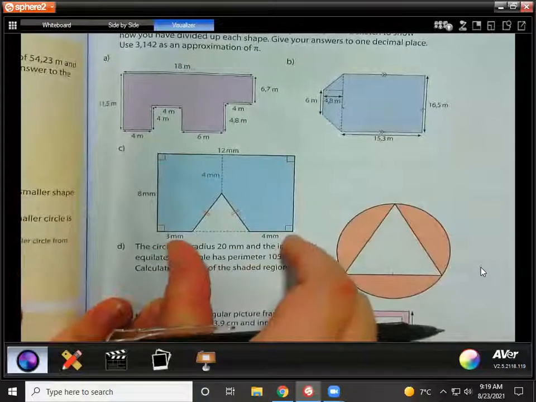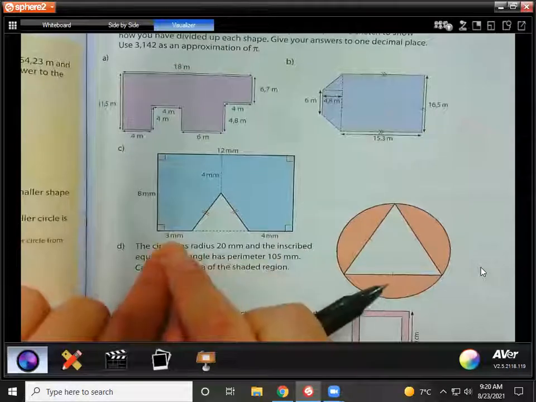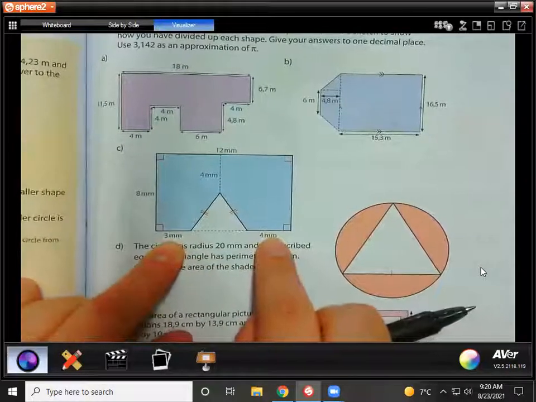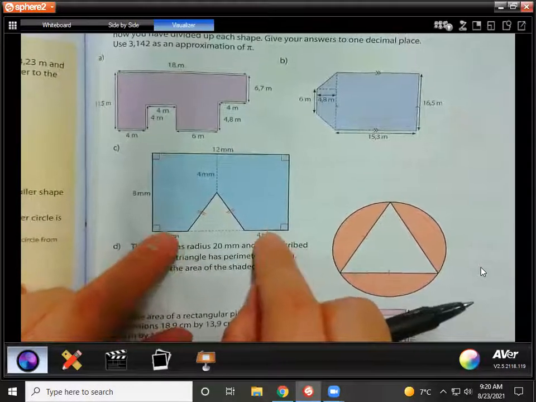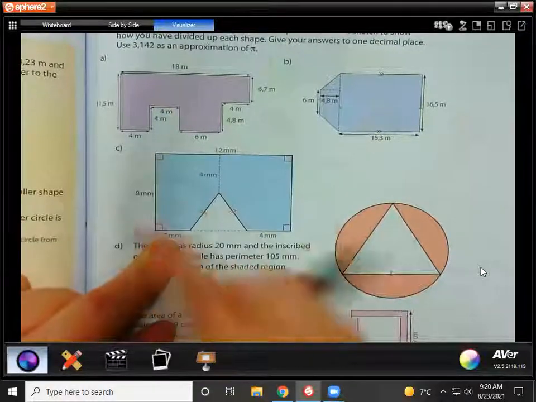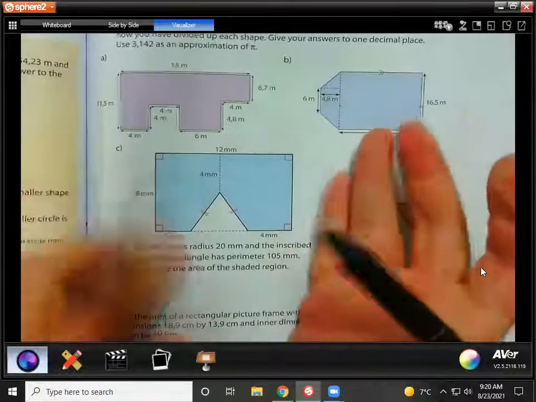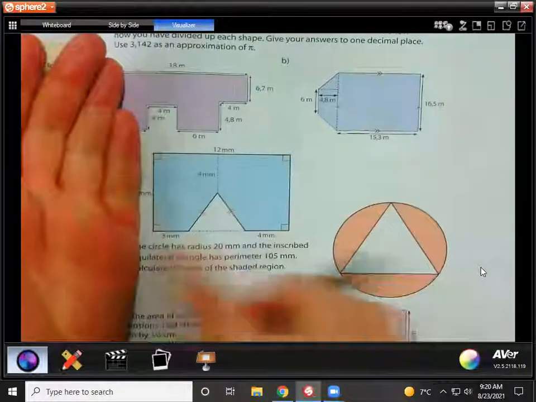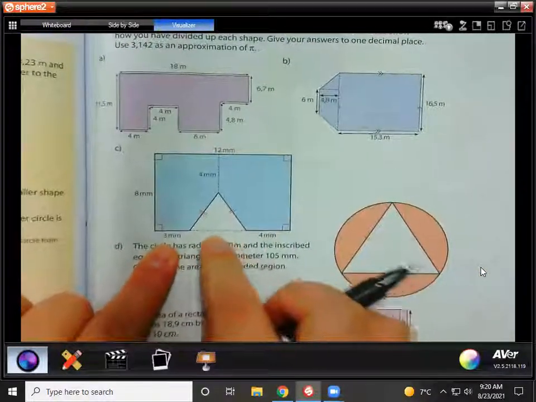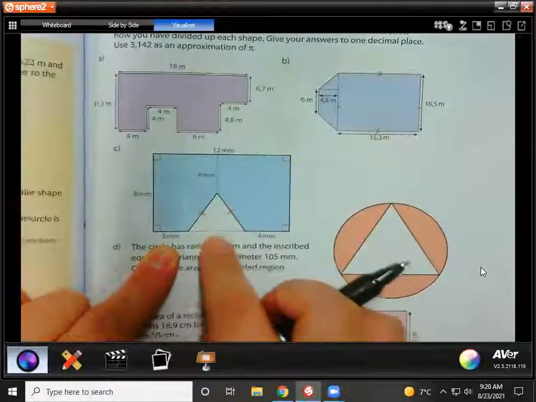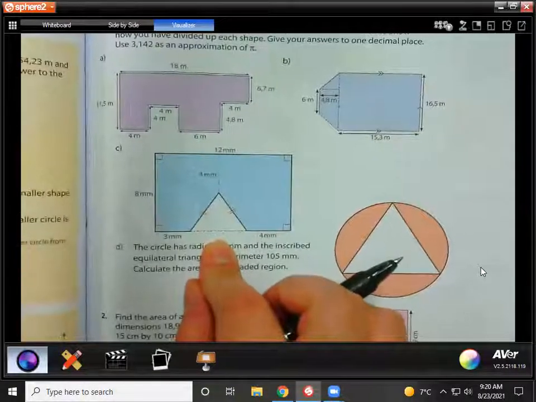And then here at the bottom, they're saying that this piece is 3 and that part there is 4. So using that knowledge, because if it's a rectangle, mustn't this side be exactly the same as that one? So this whole side here at the bottom is 12 millimeters, but we need to know what that part is if we want to find the area of that triangle and minus it.